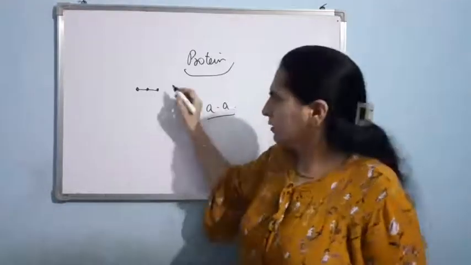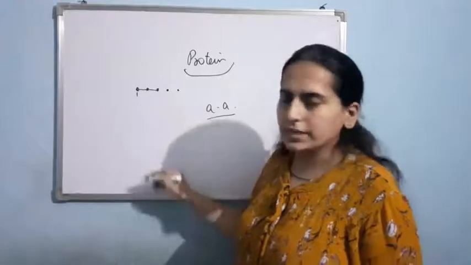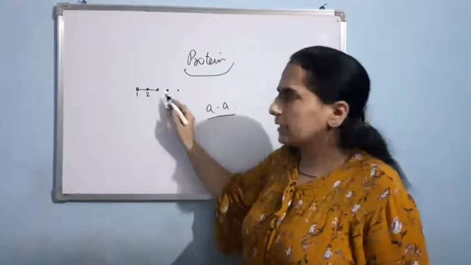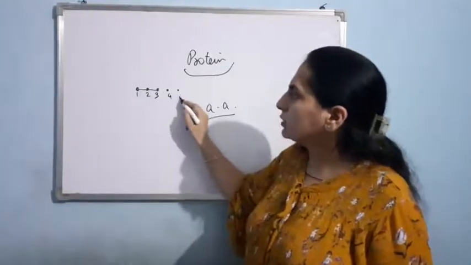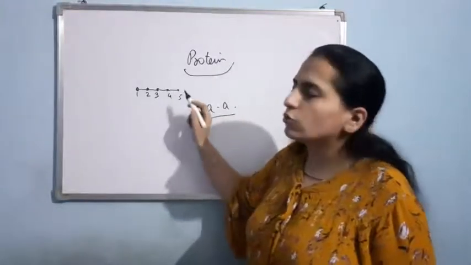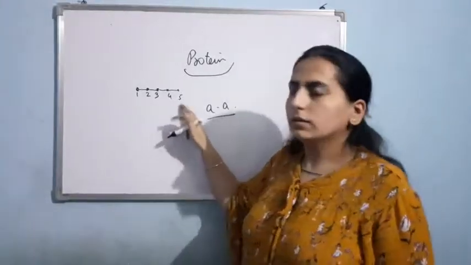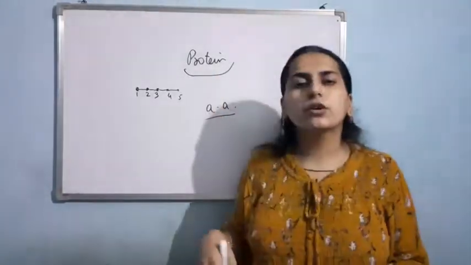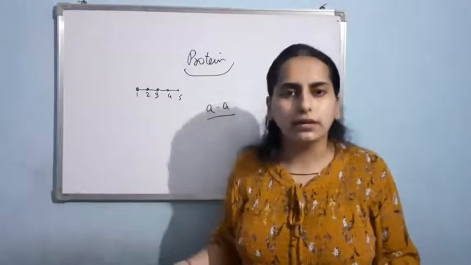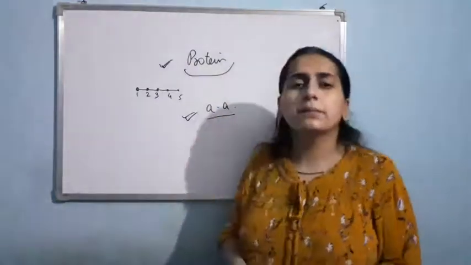We shall study. Okay, so I am having the amino acids. This is first amino acid, second amino acid, third amino acid, fourth, fifth, and so on. So when the amino acids are joined by means of peptide bond, then they result in the formation of peptide chain. So if we want to study the protein, firstly we have to study the amino acid.